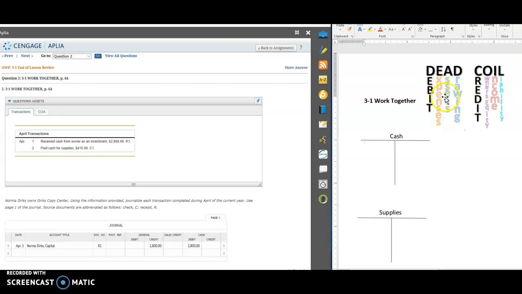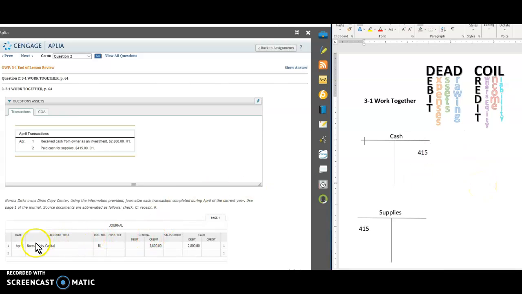So when an asset is decreased, that's not a debit side. Supplies is an asset that's going up, so that is the debit. So I'm going to debit supplies for $415, and I will credit cash for $415.